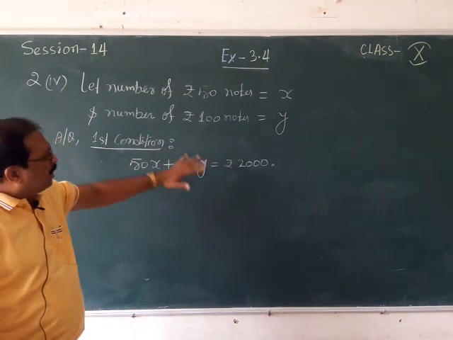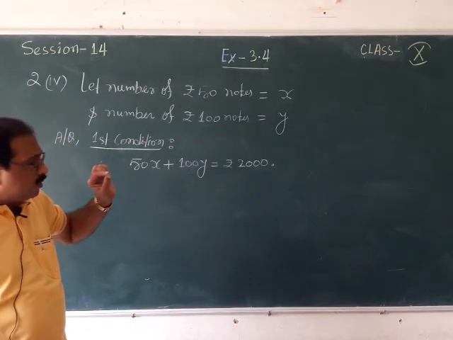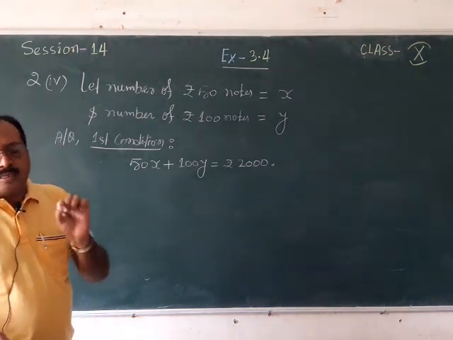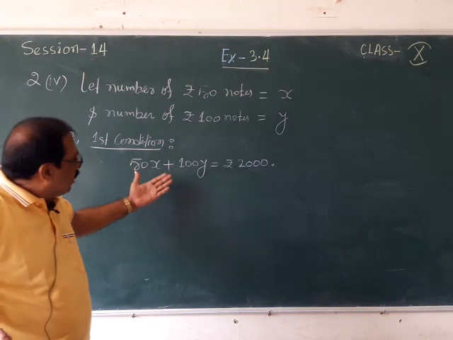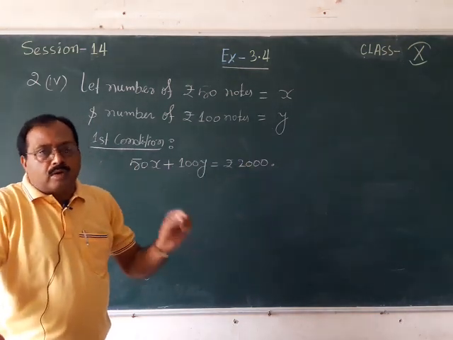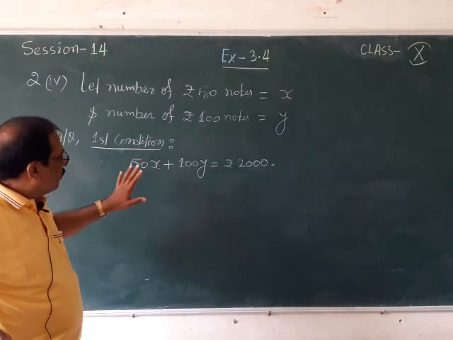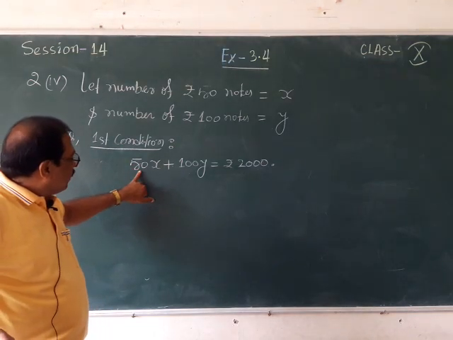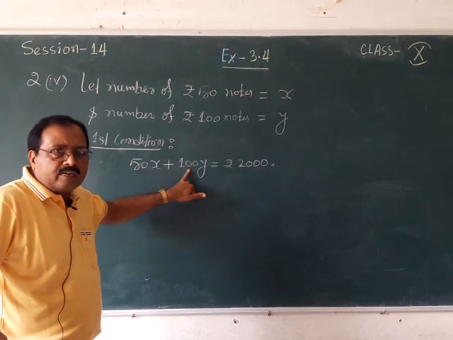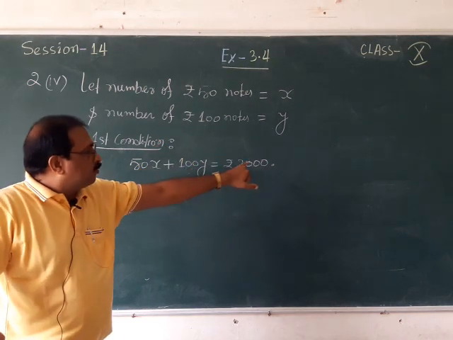What I have told about equations is that if your numbers are smaller, then it is easy to calculate. So if you have a big number, you can convert it into smaller digits. How can I do that here? 50 can divide 50, 50 can divide 100, and 50 can divide 2000.